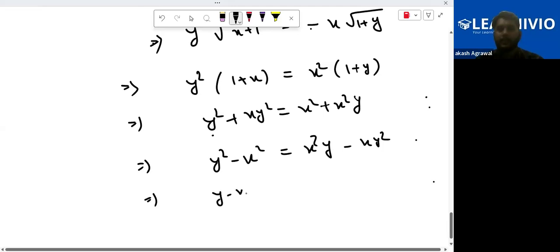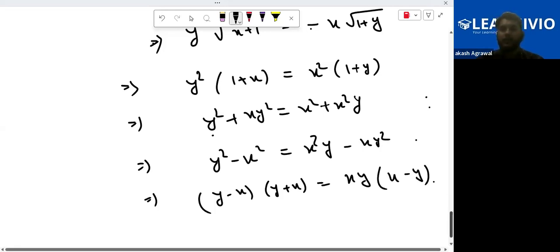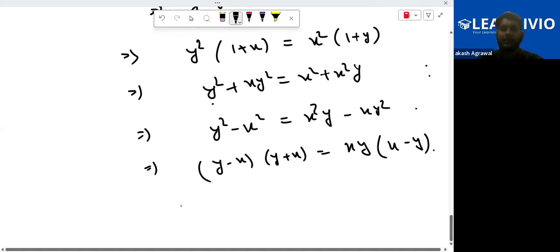So we can write this as y minus x and y plus x is equal to, we can take xy common, so we'll have x minus y. This y minus x, x minus y we can cancel with a minus 1. So we have y plus x as minus of xy.